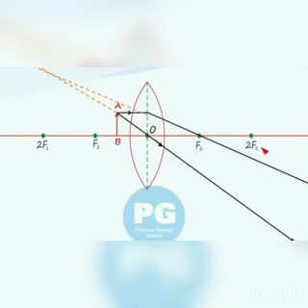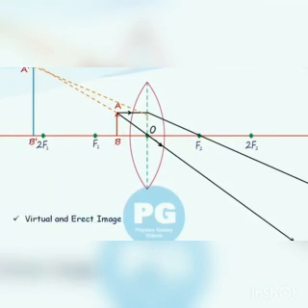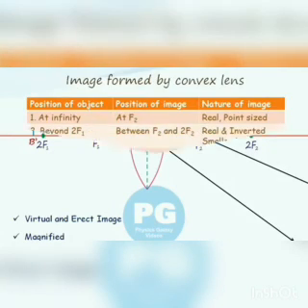And that point is where? On the same side of the lens as the object, and it will be beyond 2F1, and it will be an enlarged image. But here there is one difference in the image formed, that is a virtual and erect image we are getting, and it will be a magnified image. We can obtain the image only by looking through the lens, not on a screen.